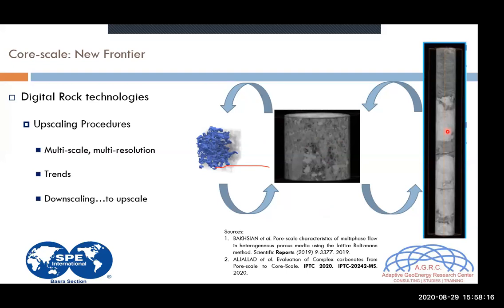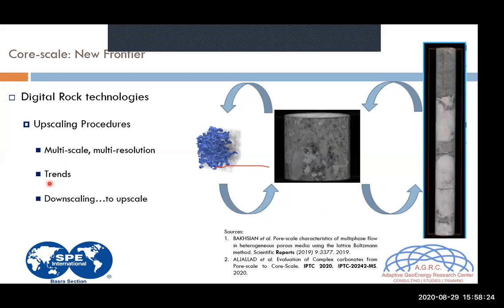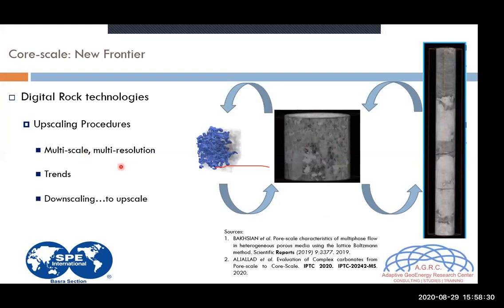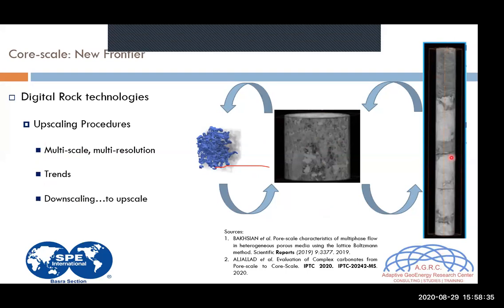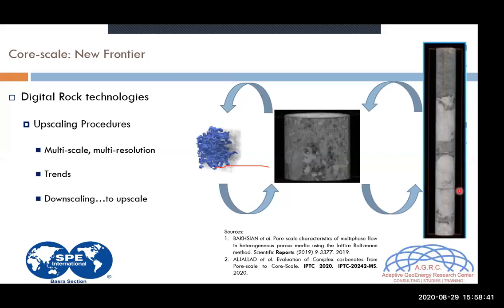I put three main topics here that can give a short review of the upscaling procedures. One of them is that you can perform this kind of multi-scale, multi-resolution acquisition. For example, you can perform the acquisition for the whole core, as you can see in this reconstruction, using CT scanning, not exactly micro CT, but with a low resolution.